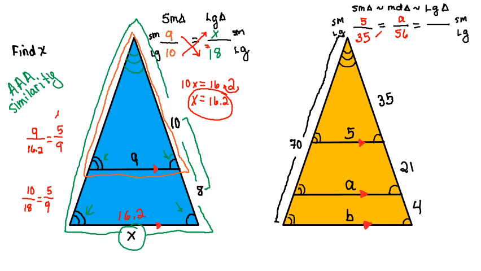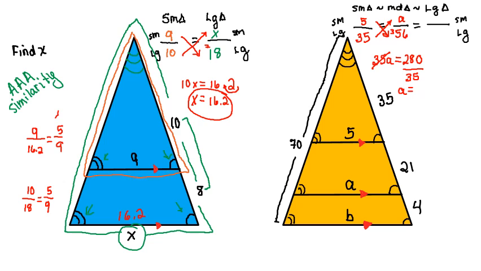Alright, so now we're just going to cross multiply these together, and we get 35A equals 5 times 56, 5 times 6. Practice some mental math while you do this. Don't try to rely everything on the calculator. 5 times 6 is 30, carry the 3. 25 and 3 is 28. We're going to divide by a 35.